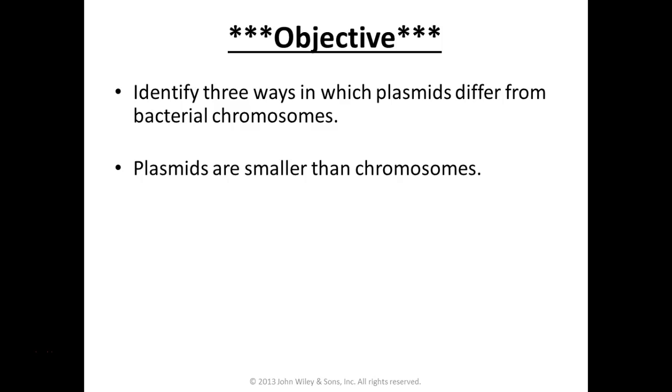The chromosome is much larger. It contains all the information the cell has to have to live, right? Remember, plasmids are extra stuff. They're always smaller. But that's good in the sense that it doesn't take a lot of energy to copy them. They can easily be transferred from one cell to another, as we're going to see.